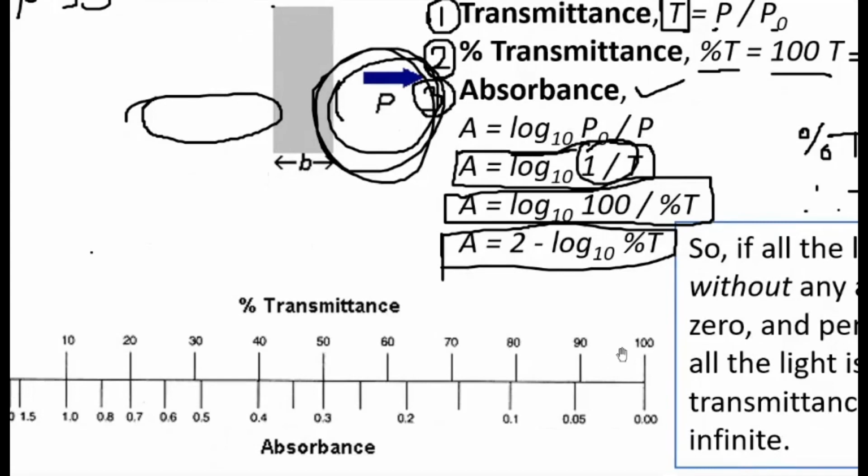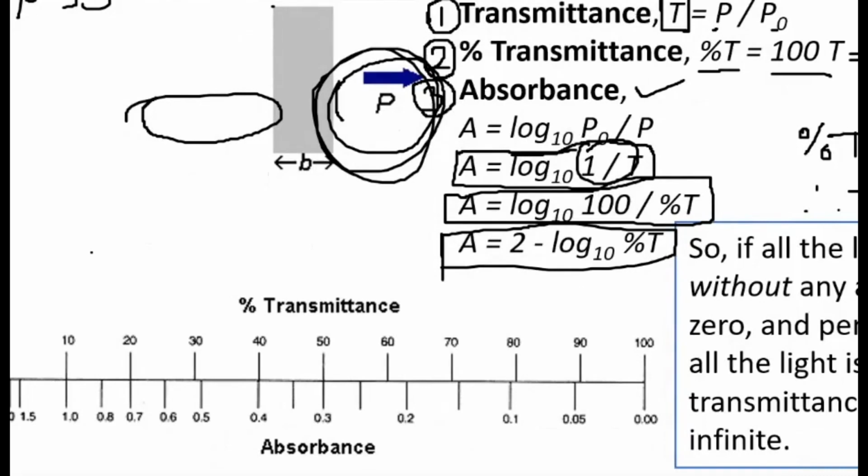Similarly, on the right hand side, the percent transmittance is 100%. You will get 100, so log of 100 to the base 10 is equal to 2. So 2 minus 2 becomes 0. So absorbance is 0. Has everyone understood this scale? Kailash has understood.